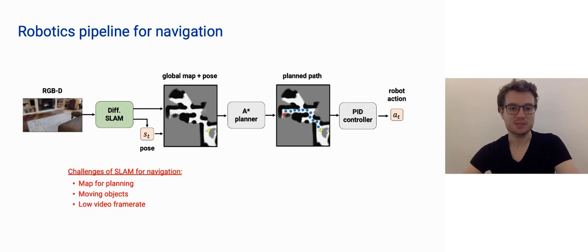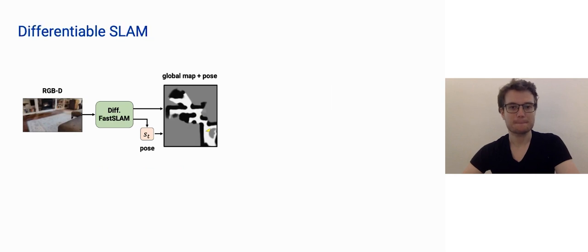Existing SLAM solutions may not produce maps that are easy to plan with. They might not work well in the presence of moving objects or with the low video frame rate that we have in the domain. Our differentiable SLAM module encodes FastSLAM, a classic SLAM algorithm based on particle filtering.